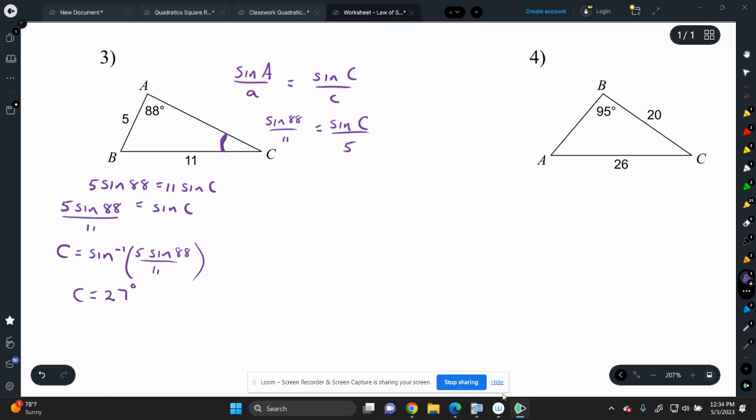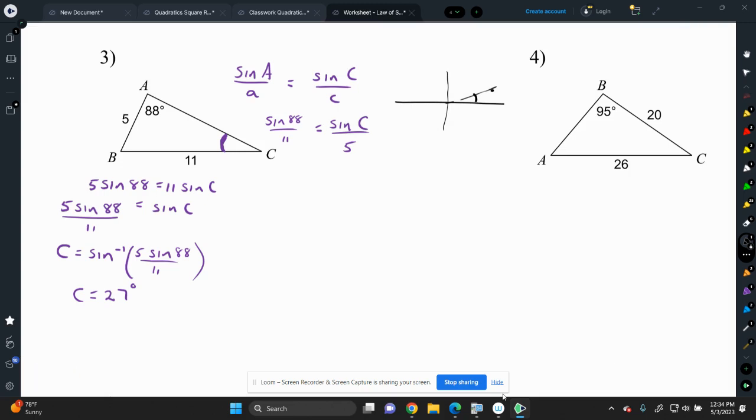But this is where we get into the tricky part. So anytime we're solving for an angle, we always have to consider the possibility that there are 2 possible triangles. So I have to figure out what that other possible angle is, right? So if we're looking at 27 degrees here, here's my reference angle of 27.